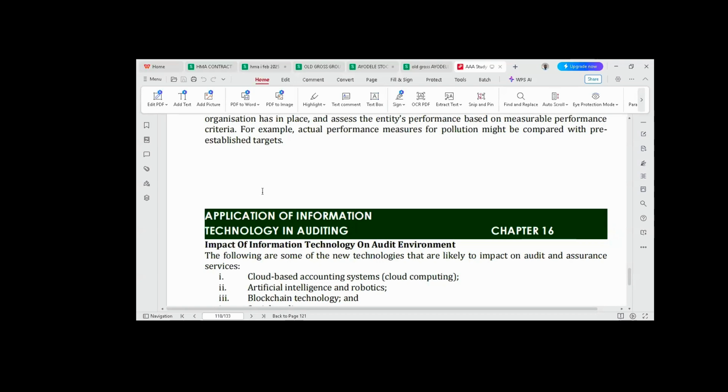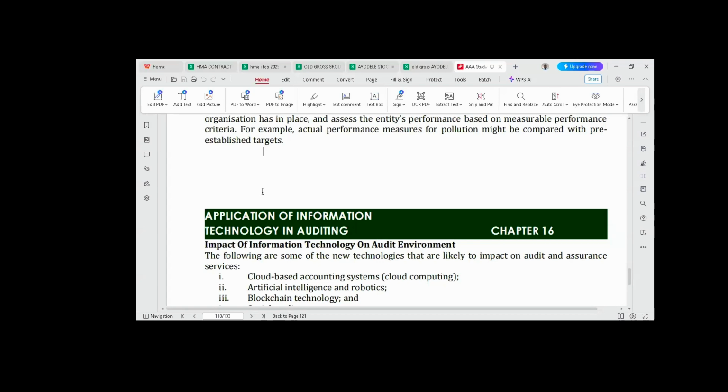But since the amendment to the 2020 Companies and Allied Matters Act, that clause has been removed. So what you have there now is that it is not compulsory that your company should be audited, especially for small companies, okay? So I looked at all of that last class.